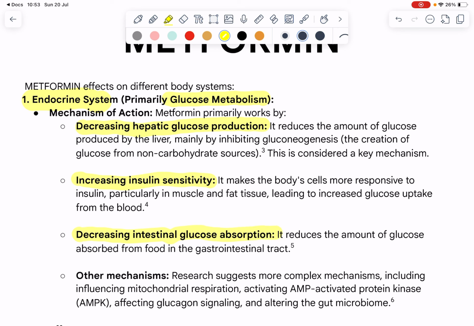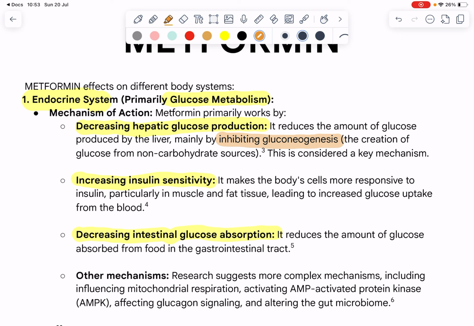By decreasing the hepatic glucose production, it will reduce the glucose synthesis. How does it reduce the hepatic glucose production? Metformin inhibits the gluconeogenesis process in the liver, thereby decreasing the hepatic glucose production.